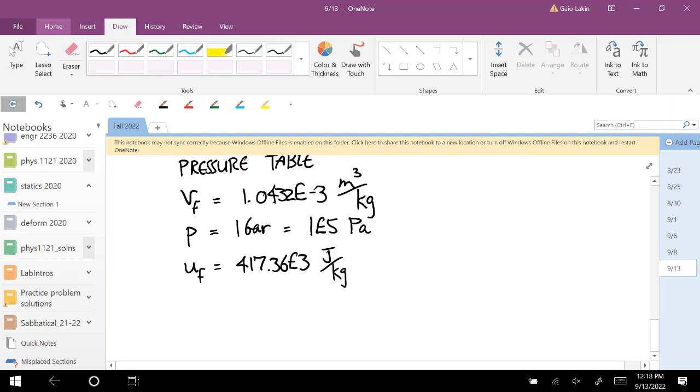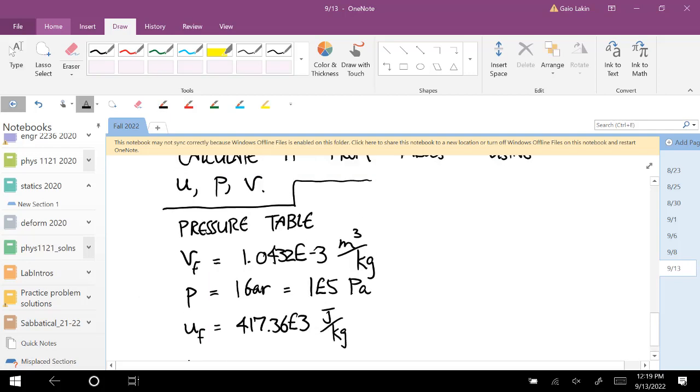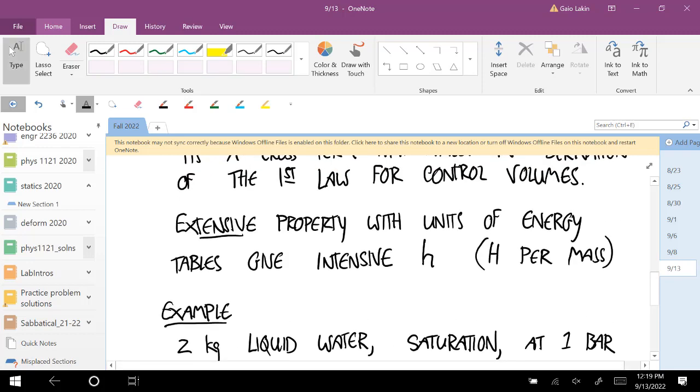Okay, so now we're going to use these to calculate the intensive enthalpy. The intensive enthalpy, I said up here, is the extensive enthalpy per mass. Let me write that down here. If you divide both of these 2 terms by the mass, you get the specific internal energy.